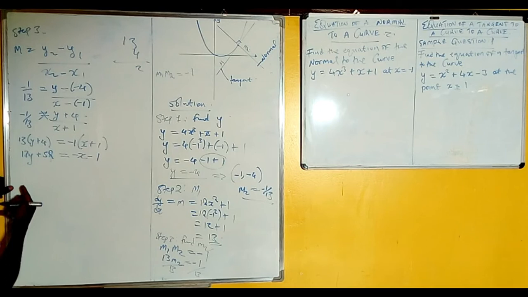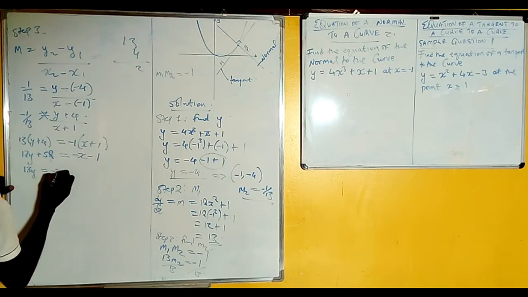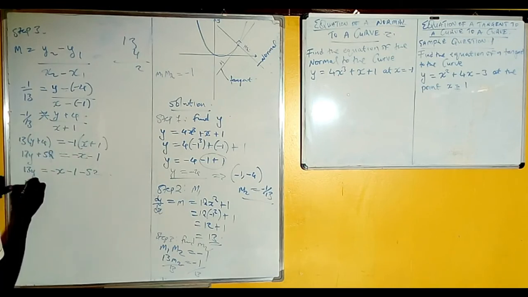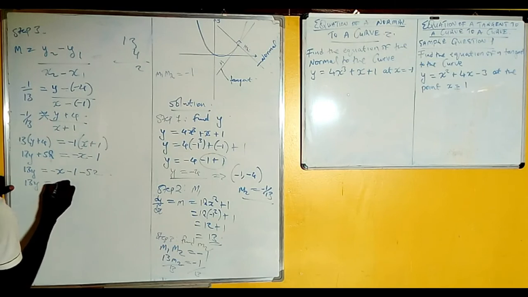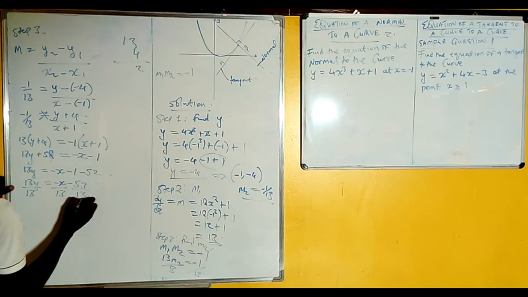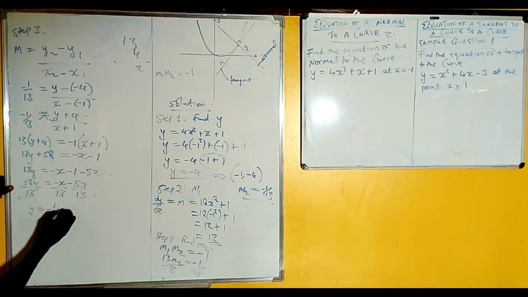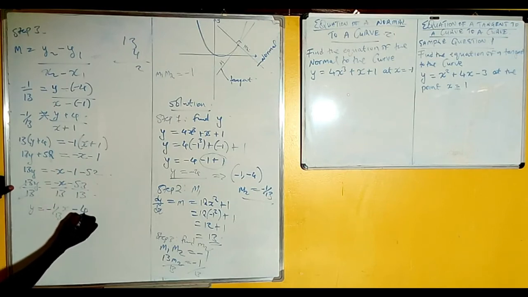So we group the like terms because y has to be on its own, so it will be 13y is equal to negative x, negative 1, negative 52. So this one will be 13y is equal to negative x, negative 53. So divide by 13 throughout. So here we have y is equal to negative 1 over 13 x, then minus, 53 divided by 13, it goes there 4 times, leaving a remainder of 1 over 13.